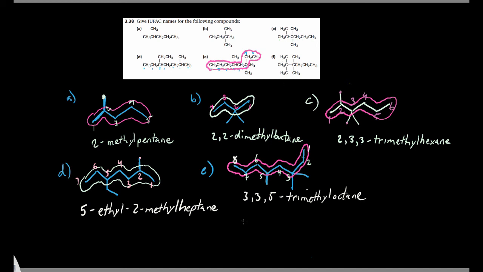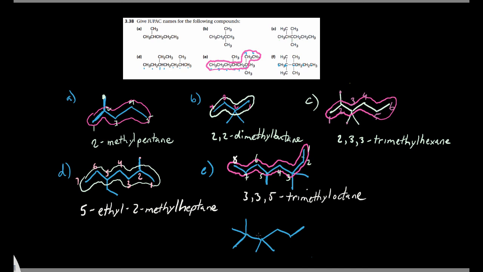So F has, let's see, we'll say a methyl there, another methyl coming off, and 2 methyls here, and then a 3 carbon chain, 1, 2, 3. Let's see, now I'm going to count my carbons this time. So we have 1, 2, 3, 4, 5, 6 in that chain.